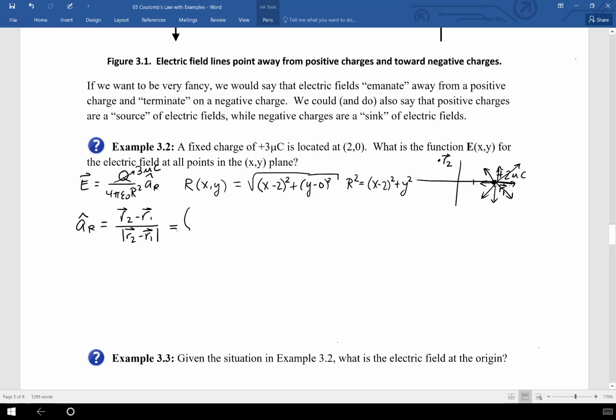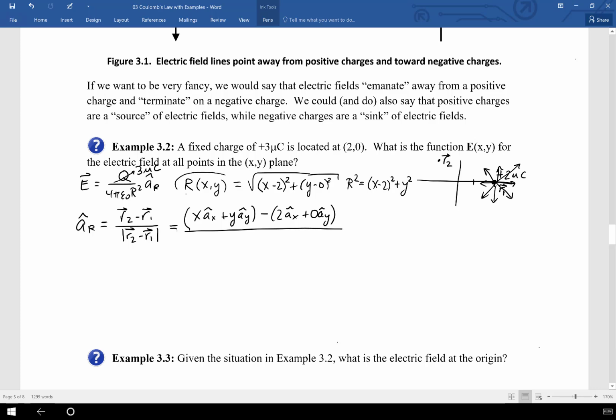So R2 is going to be some quantity x times a sub x plus some quantity y times a sub y minus, now this is going to be 2 times a sub x plus 0 times a sub y. All of this is divided by the distance between those, but we just found the distance between there.